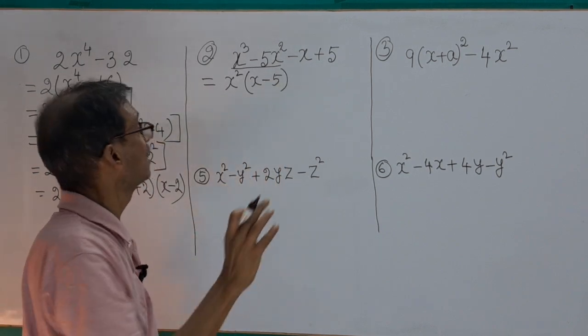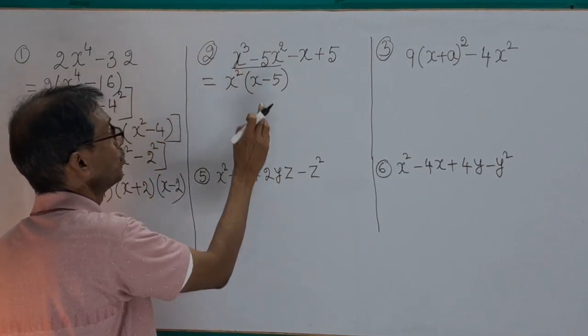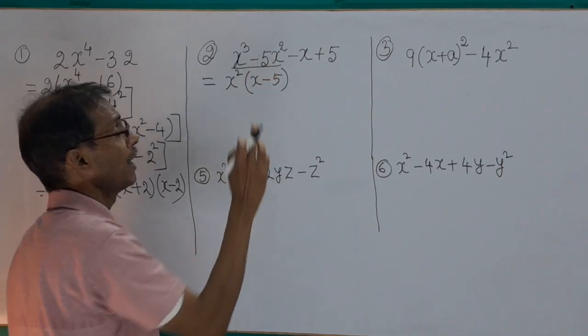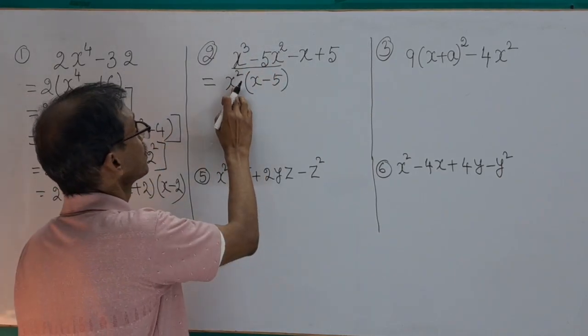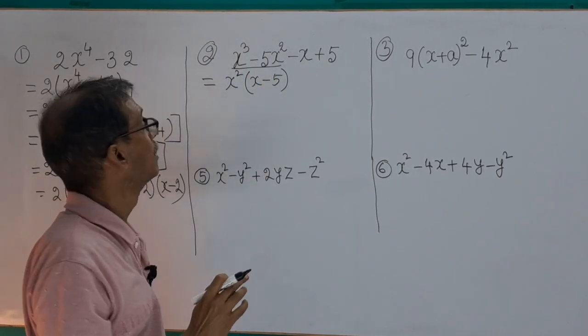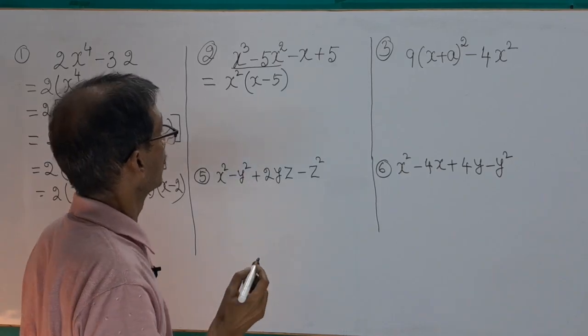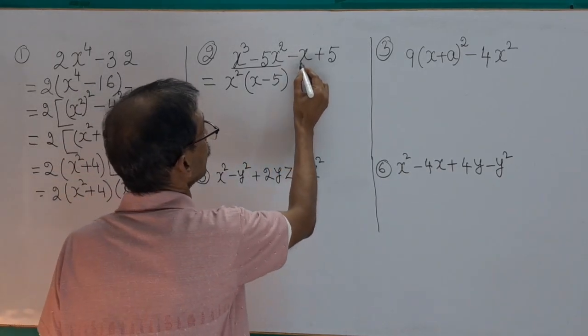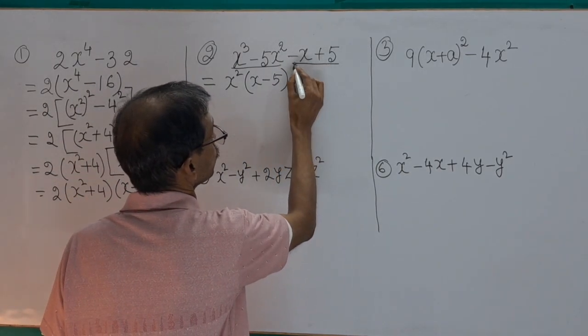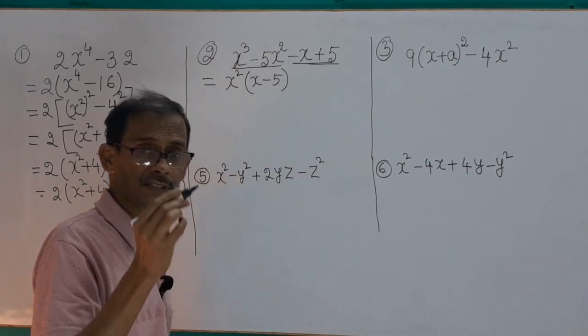This much is clear because x square into x is x cube, and x square into 5 is 5x square. Now from these two terms, minus x plus 5.